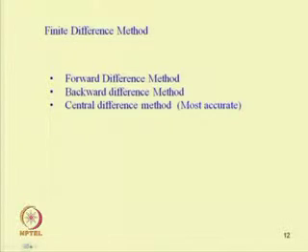In case of the finite difference method, we already know there are three different types of methods. One is the forward difference method, the second is the backward difference method, and the third is the central difference method. The central difference method is the most accurate and most commonly used method.